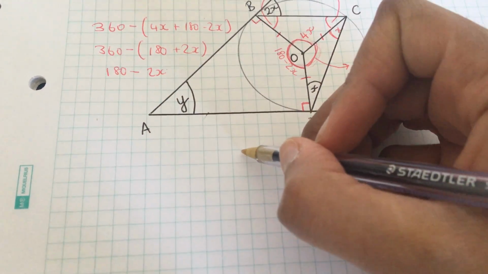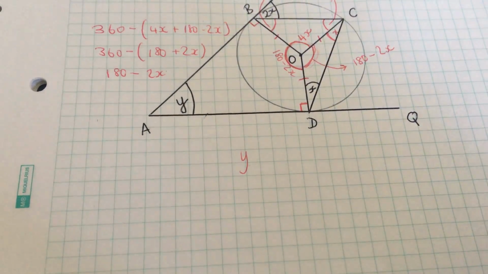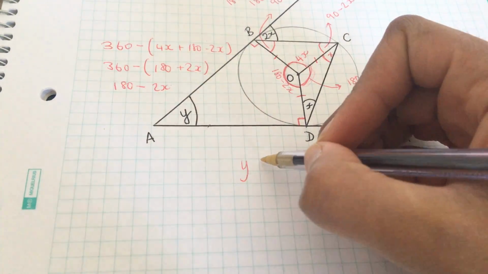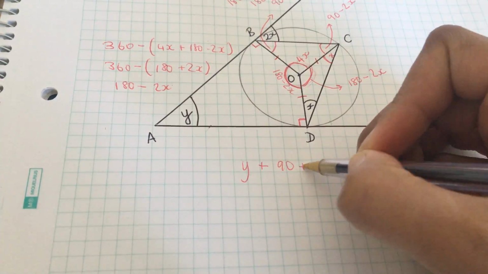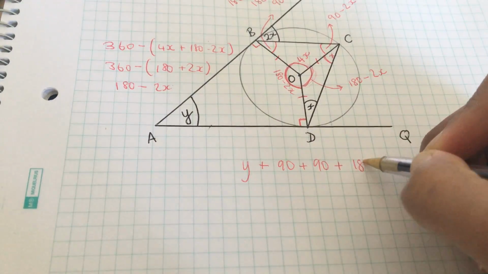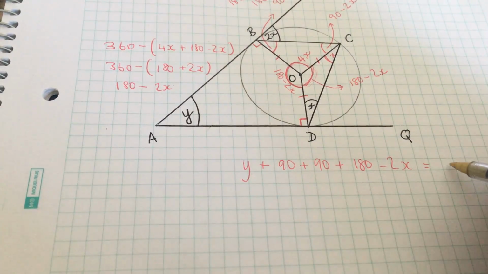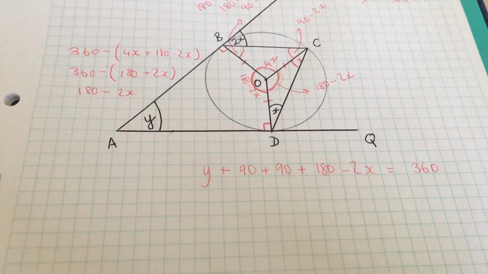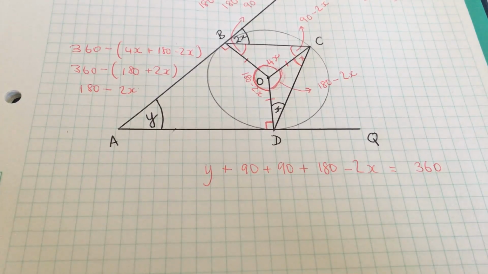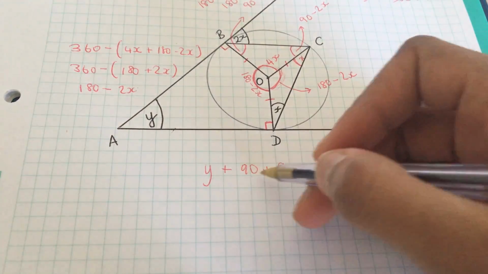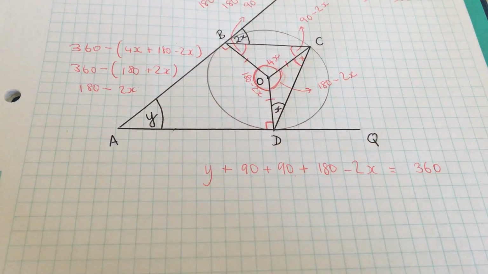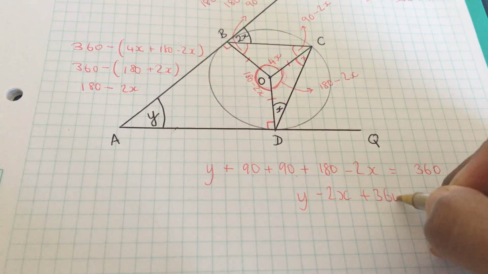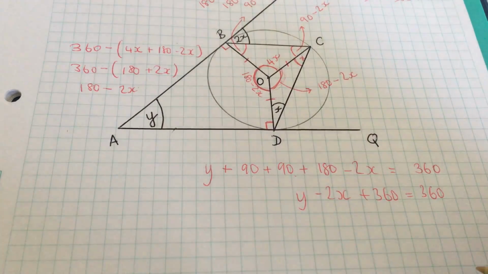So I start with y, just going to set my camera, plus 90 plus 90 plus 180 minus 2x equals 360. 90 plus 90 plus 180 is 360. Y take away 2x plus 360 equals 360.